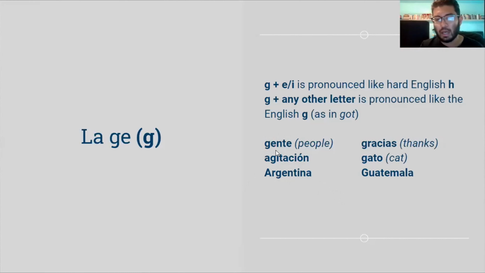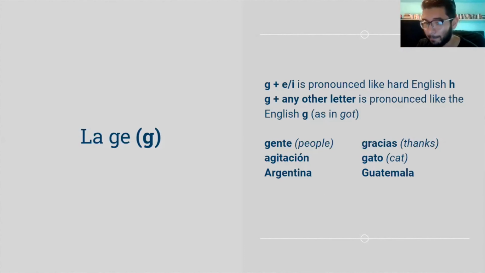So, gente. Agitación, which is agitation, and notice how the pronunciation may be very similar, agitation, agitación, but the sound, especially the sound of the letter G, is very different, from a G sound to an H sound. Agitación.